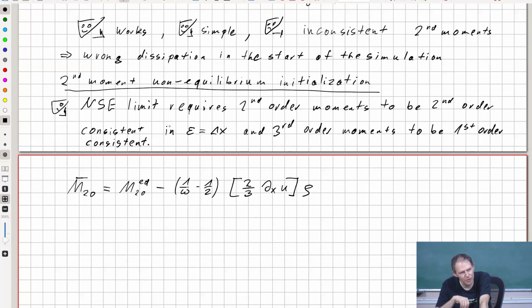We have seen this already in deriving the one-dimensional form of the Navier-Stokes equation from our model.